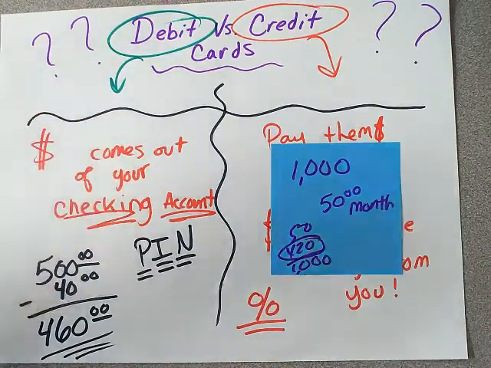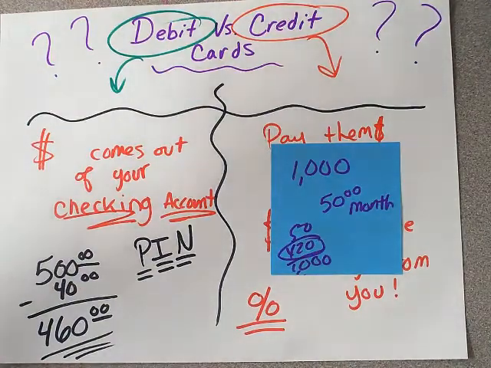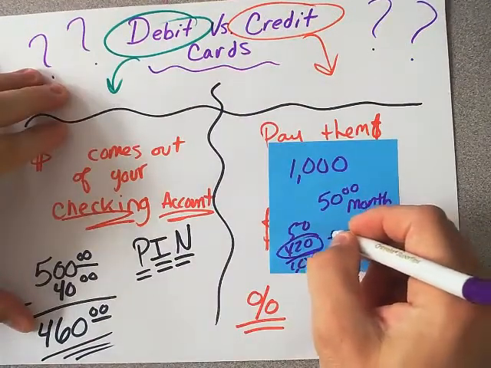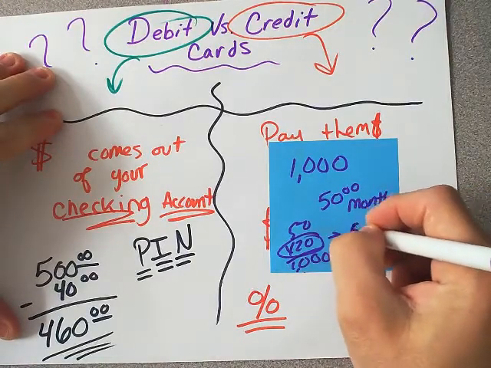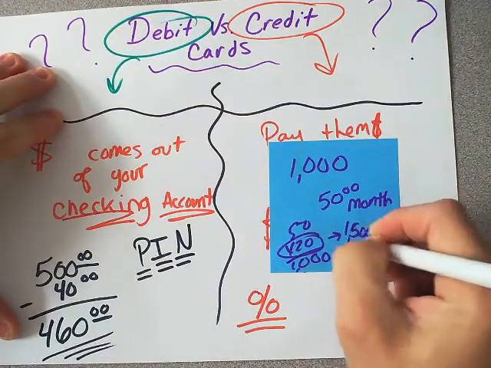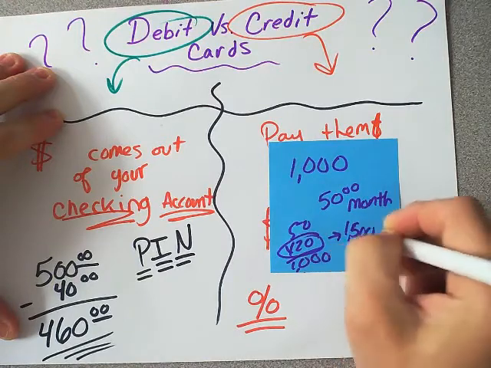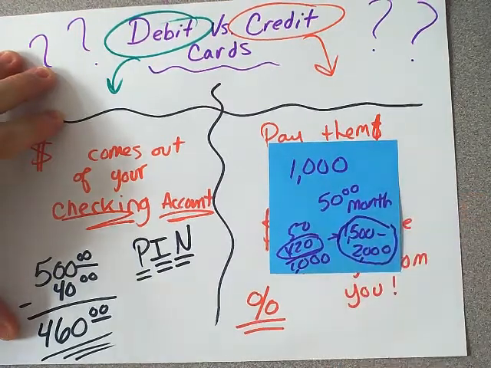Well, that's not actually true, because they're going to charge you each time and make money off of you. So by the end of this thing actually being paid for, you might even pay $1,500 to $2,000 for that computer by the time it's actually paid for.